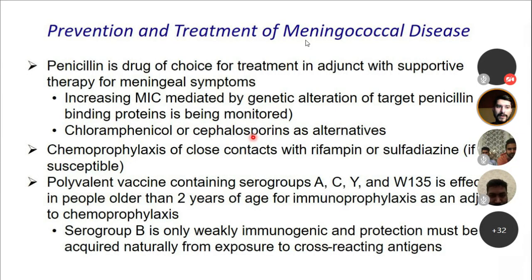Okay, so according to the protocols, you can also see here that rifampin or rifampicin are used as a chemoprophylaxis. It is in the protocols, but we all know that rifampin and rifampicin are used for what? Tuberculosis. So that's why we want to leave it as a drug of choice for tuberculosis.